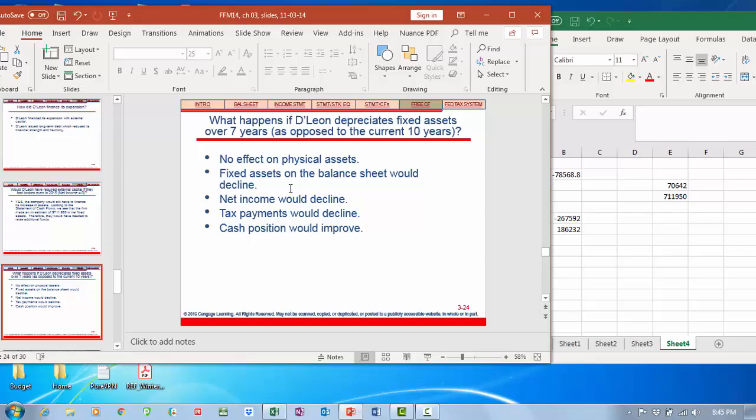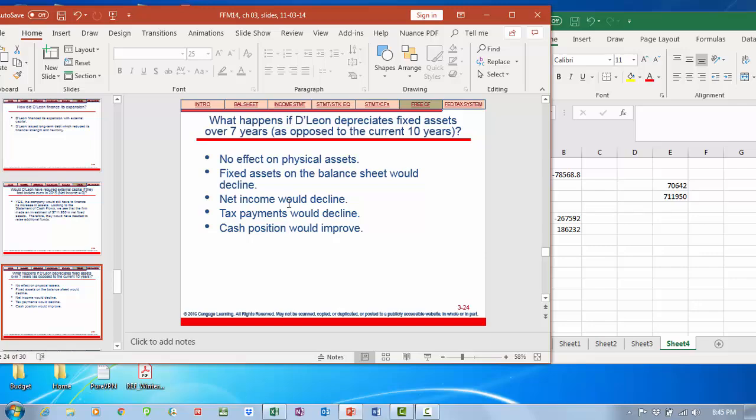Fixed assets on the balance sheet would decline because you're depreciating at a much faster rate. Net income would decline because, remember, depreciation is an expense. So it'll be taken as an expense, and that amount would be deducted from net income. Tax payments would decline because since your expenses are increasing, your net income would reduce and you pay tax on your net income.